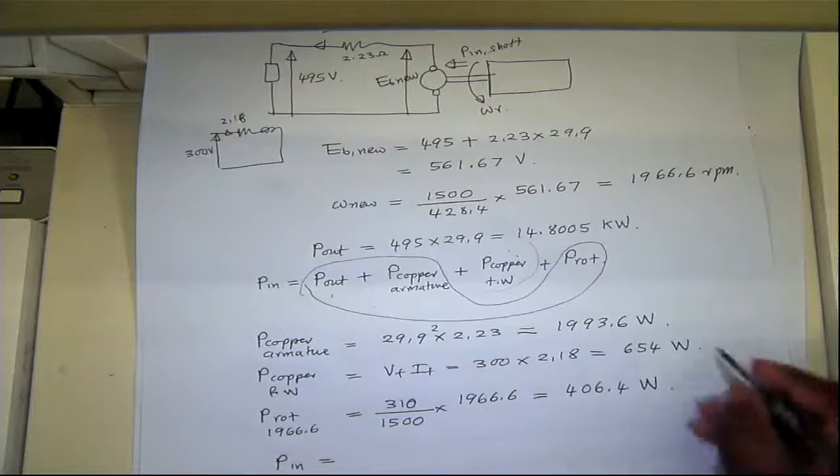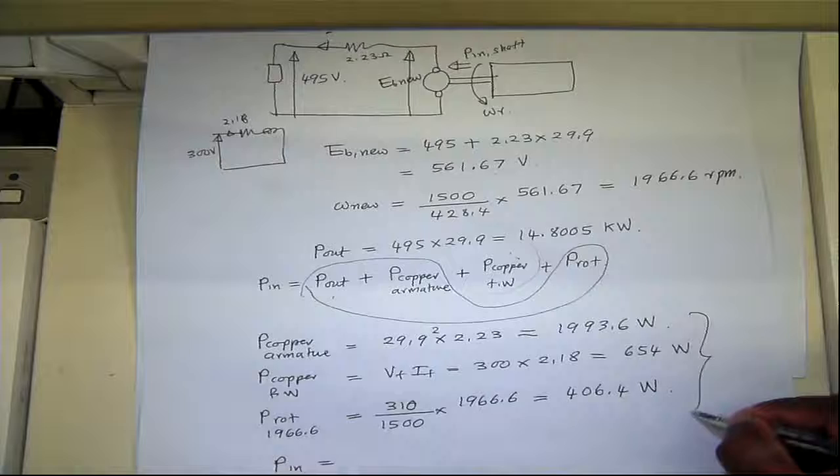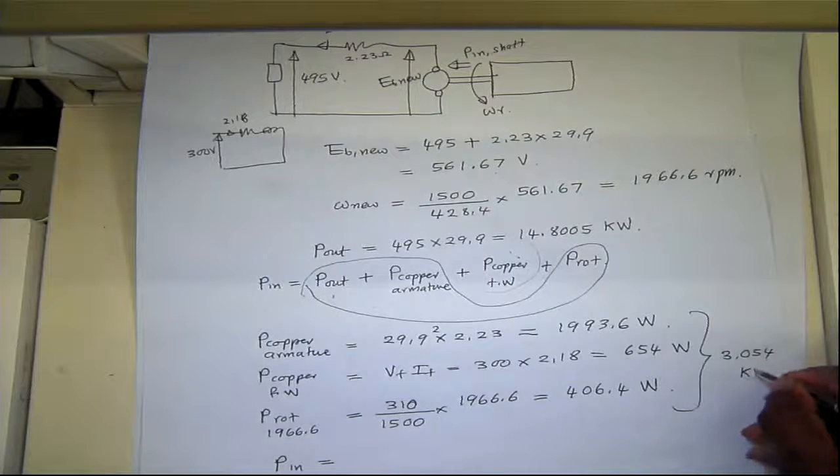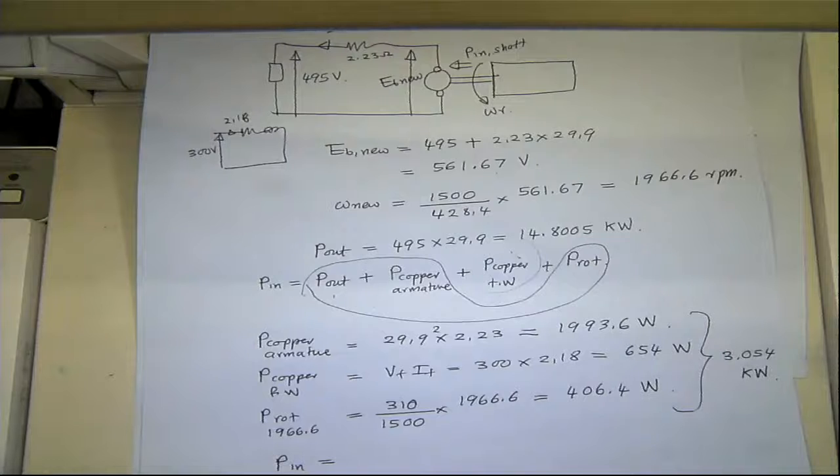So this whole lot is 3.054 kilowatt, and that plus 14.85 gives you 17.8545.